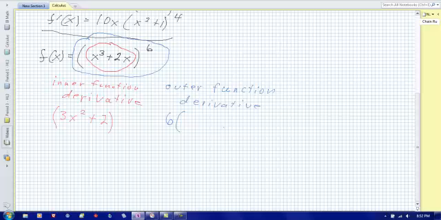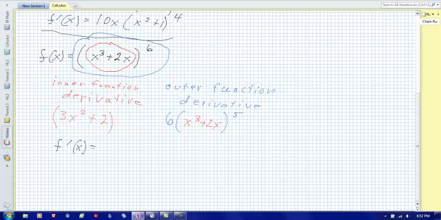We're taking the derivative, okay, so we're going to subtract 1 from 6 and get 5. And we get taking the derivative of this, so we'll write our inside function inside here. X cubed plus 2x.